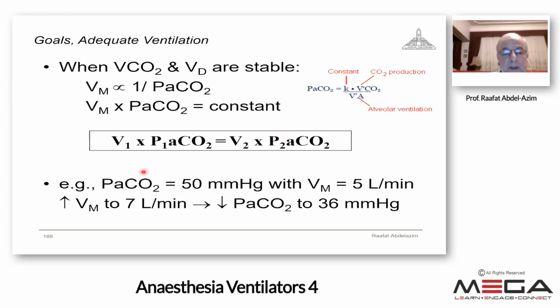For example, if the PCO2 is 50 millimeter mercury with a minute volume of 5 liters per minute, I need to increase the minute volume to 7 liters per minute to have the PCO2 decrease from 50 to 36 by performing this equation: 50 times 5 equals 7 times 36.